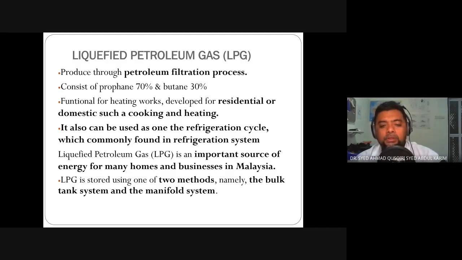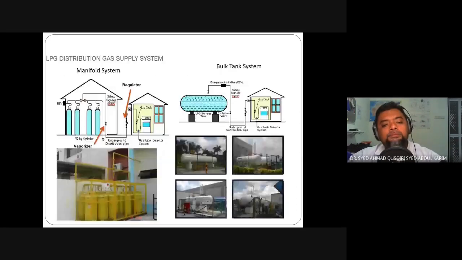So it's an important source of energy for many homes and businesses in Malaysia. LPG is stored by one of two methods, namely the bulk tank system and the manifold system. If it is contained in some sort of high pressure container, most likely it is LPG.